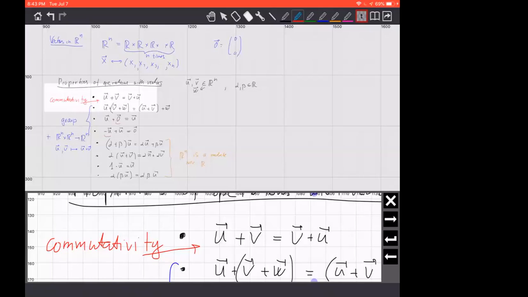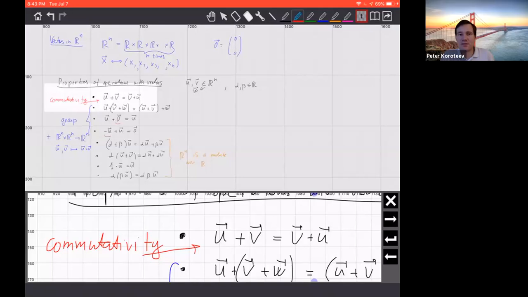Okay, addition is commutative, multiplication of numbers is commutative, but as we'll see, I'm sure we're going to talk about this in this course, there is something called vector multiplication, the cross product, and it's not commutative. It's an operation that depends on the order of terms.